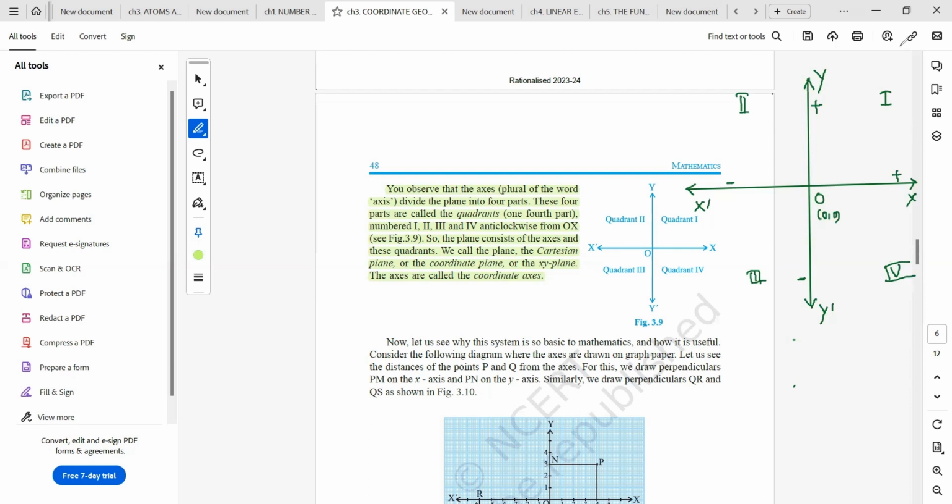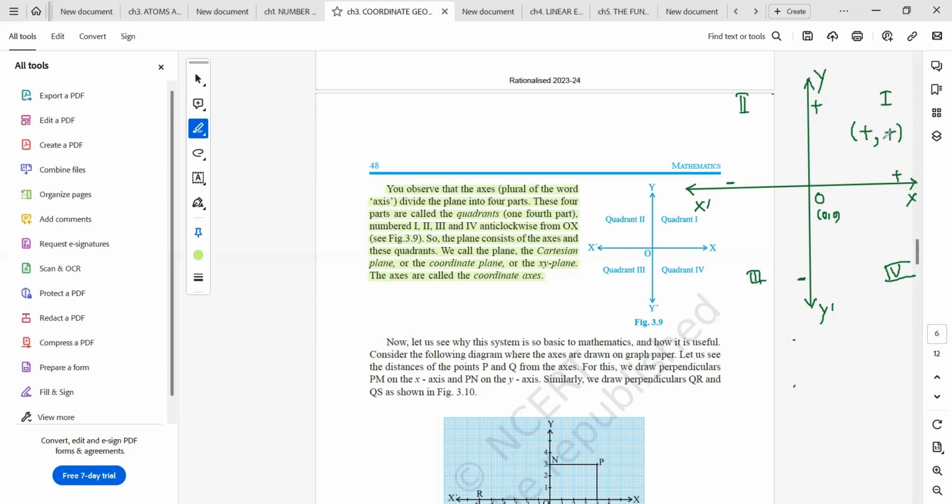Okay. Now if you come to the first quadrant, first look at the x-axis and then at the y-axis. So is the x-axis positive or negative? Positive. Yes? The x-axis is positive. And the y-axis? It is also positive? Yes? So the first quadrant will be positive, positive. Okay?